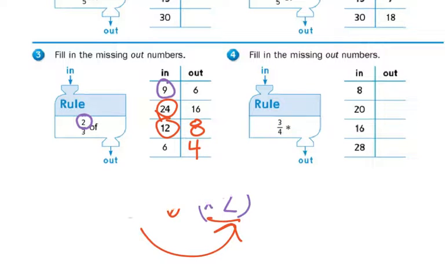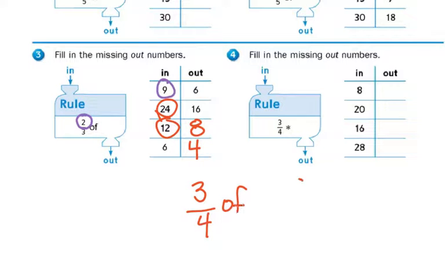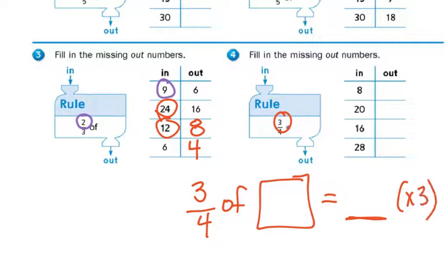Let's look at number 4. Fill in the missing out numbers. So just remember, our starting is always 3/4 of, and I'll go ahead and put that. And then we have 3 groups. So once we figure out this number, we're going to multiply it by 3 because we have 3 groups of that. So let's start with 3/4 of 8.